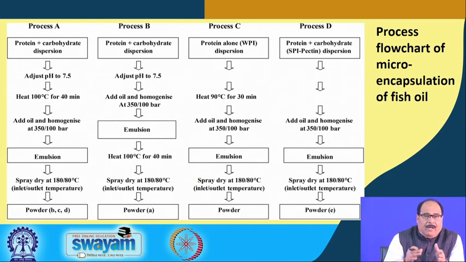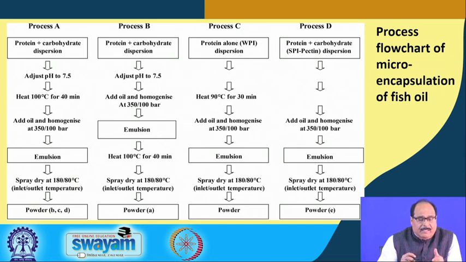Depending upon the raw materials, they are given treatment: first the protein and carbohydrate dispersion, the core material used, is adjusted to pH 7.5 and heated to 100 degrees Celsius for 40 minutes.